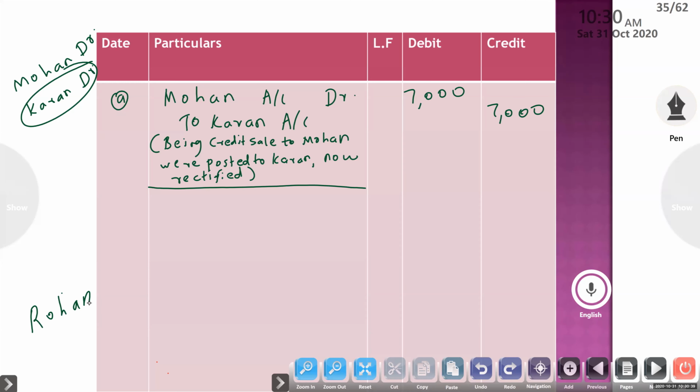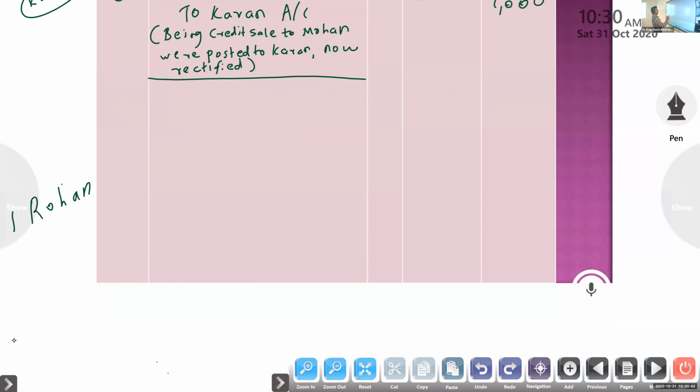Rohan credit. Rohan is credit. Okay. So instead of Rohan, they wrote Govind.